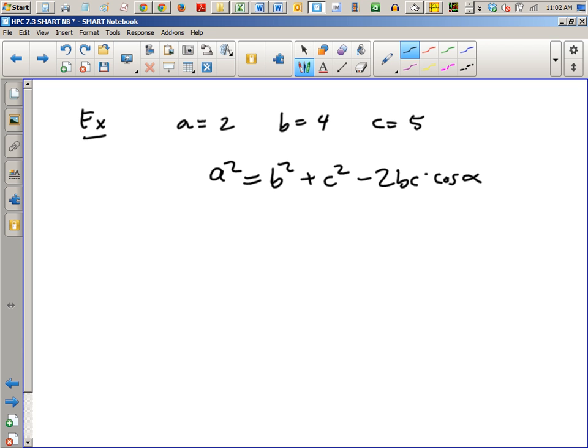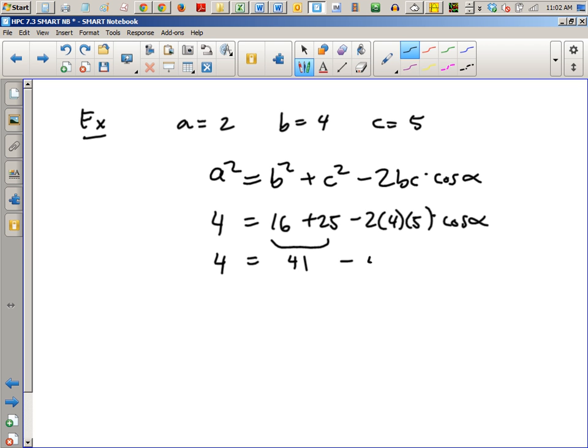Okay, let's put in the numbers. This would be a 4, and this would be a 16, and this would be a 25. This would be 2 times 4 times 5. So we get 4 equals 41 minus 40 cos alpha. Am I going to subtract the 41 and the 40? No, right?